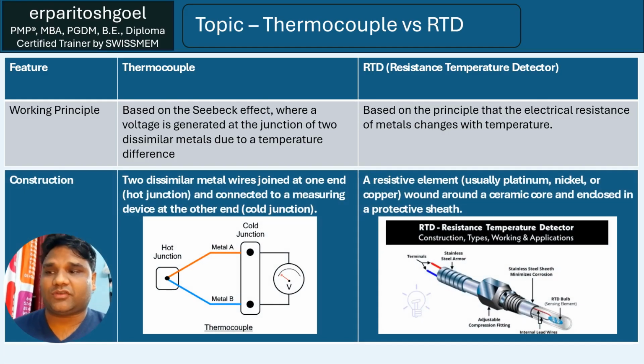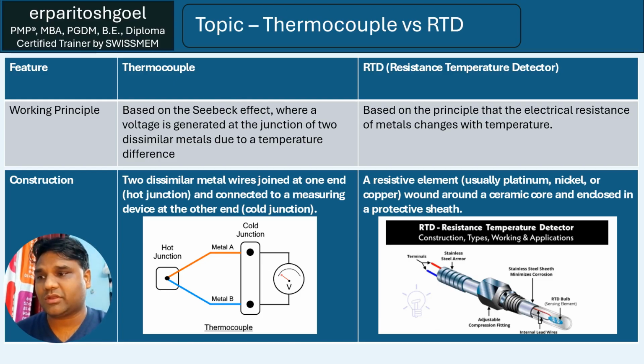Second is the construction. As I said in the principle, two dissimilar metal wires are joined at one end, which is called the hot junction, and they are connected to a measuring device, which is known as the cold junction.